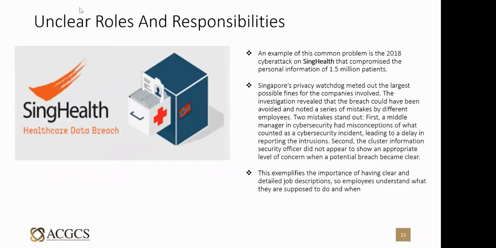So like you saw in the different slides, second line is important because they will escalate any policies and procedures. But in cases like this, where there are unclear roles and responsibilities, that middle manager didn't really know what a cybersecurity incident was.